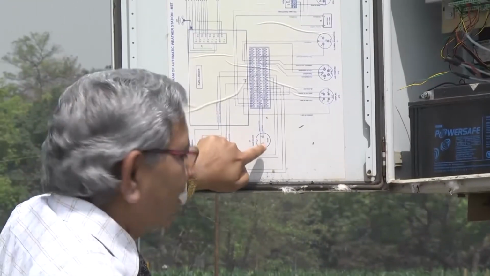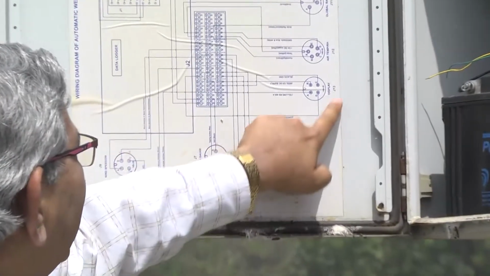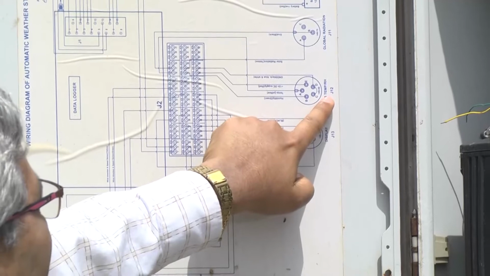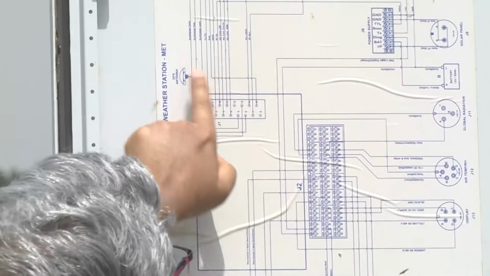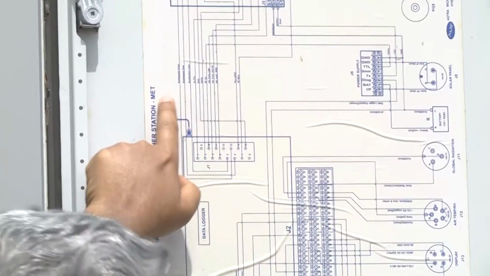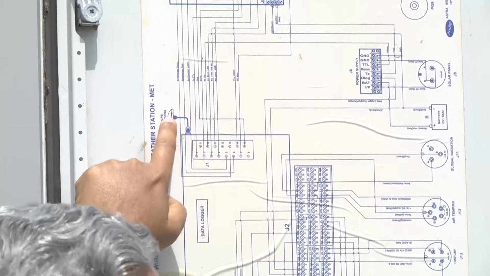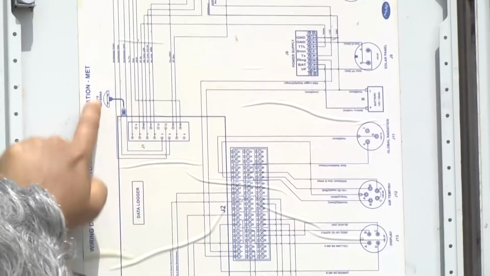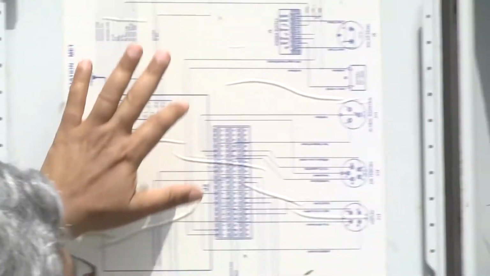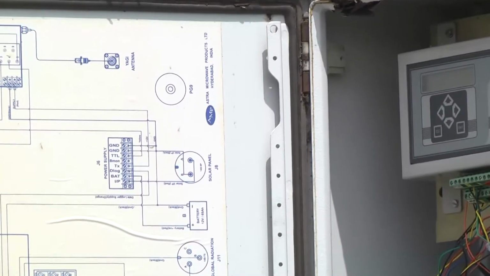Then there is an arrangement for monitoring the rain gauge, for monitoring the air temperature, global radiation, and then there is a GPS antenna where this particular station is installed. All the data are going to a particular server. Then there is a solar panel which provides the power to the system.